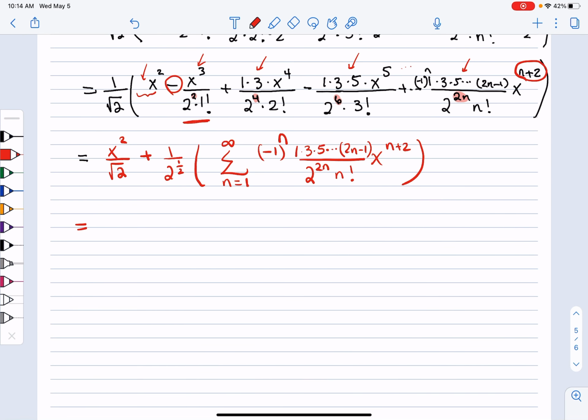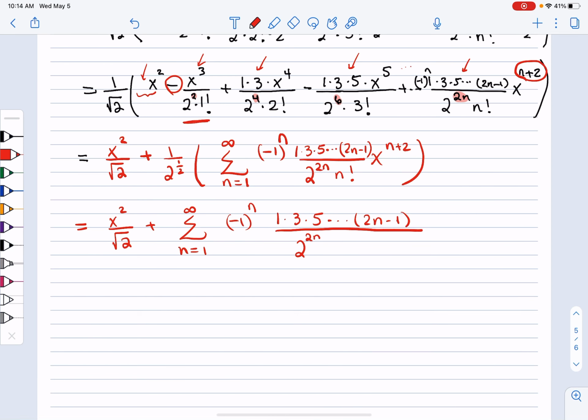So your final answer is x squared over radical 2 plus sigma as n goes from 1 to infinity, negative 1 to the nth power, 1 times 3 times 5 all the way to 2n minus 1 over 2 to the 2n times 2 to the 1/2, which is really 2 to the 2n plus 1/2, times n factorial, and then times x to the n plus 2.